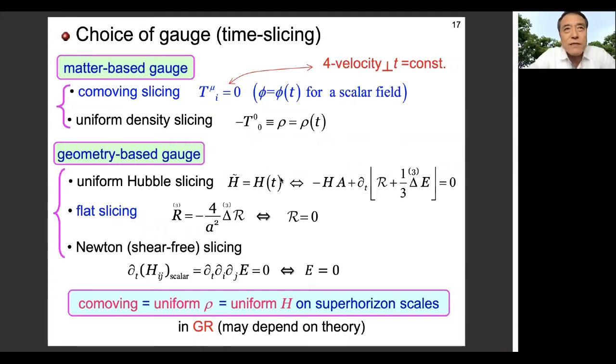In the case of a space-time which can be represented by a small fluctuation away from a homogeneous isotropic universe, of course there are infinitely many choices of gauge, but essentially there are only a few which are useful and important.